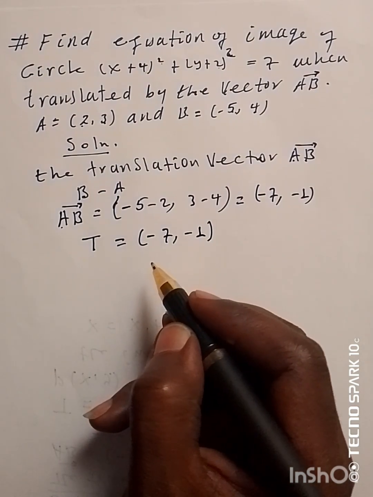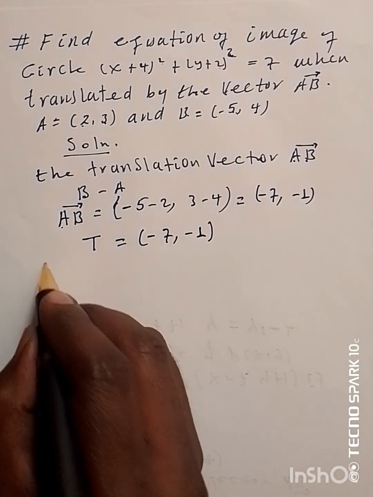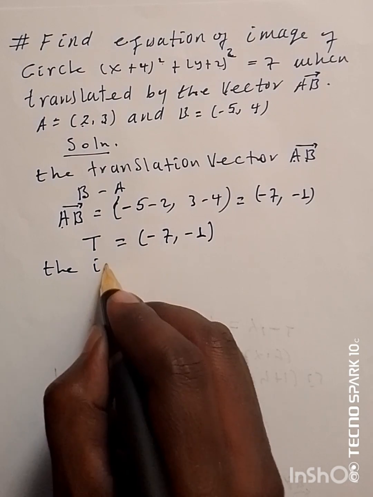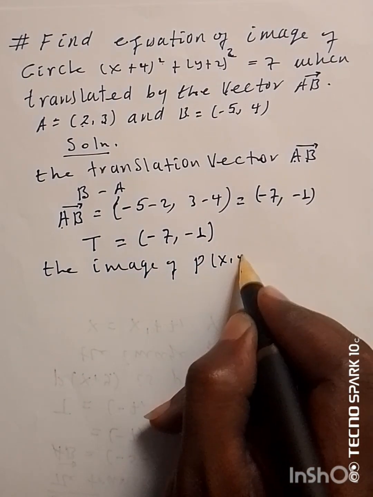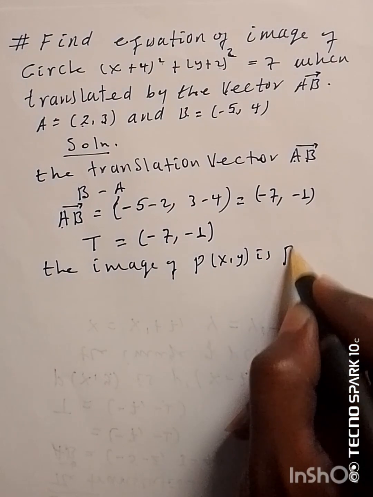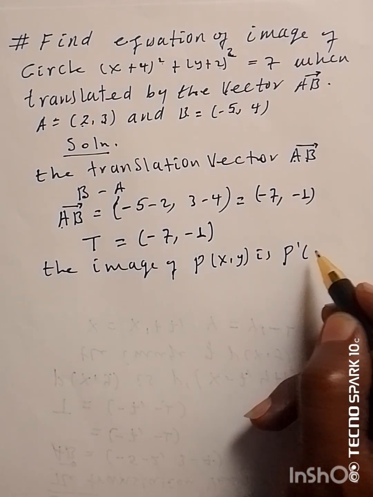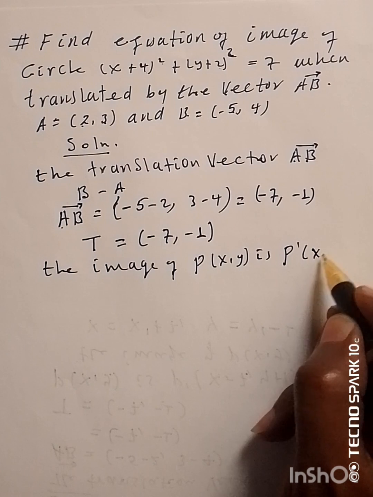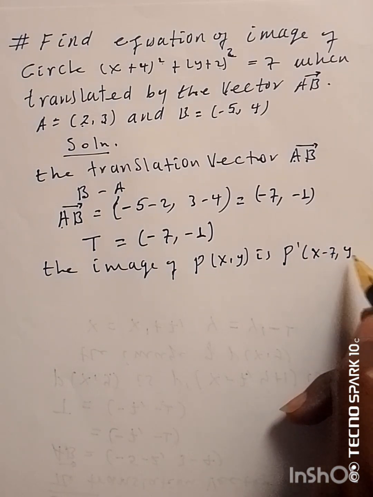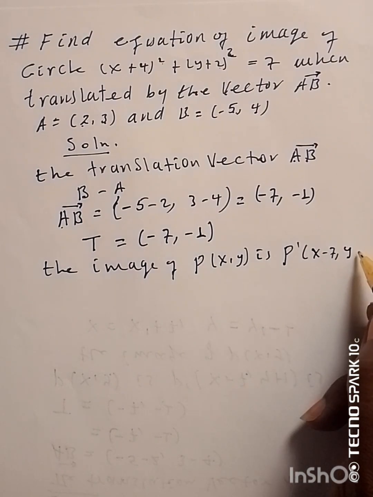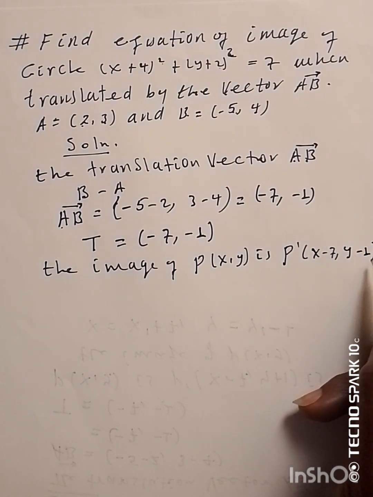So now a point P at (x, y) has image P prime at (x - 7, y - 1).